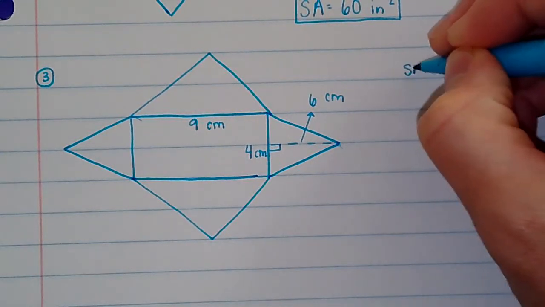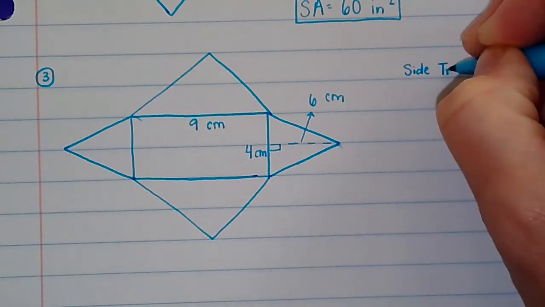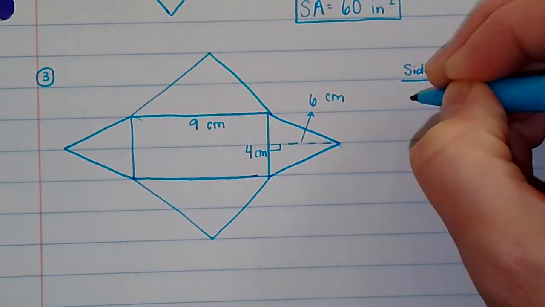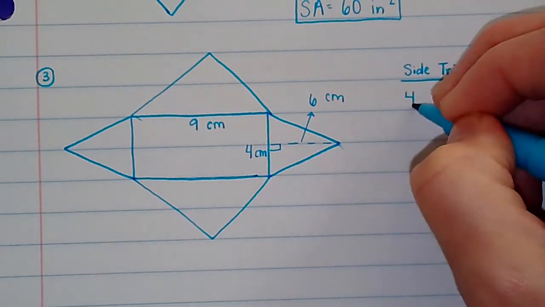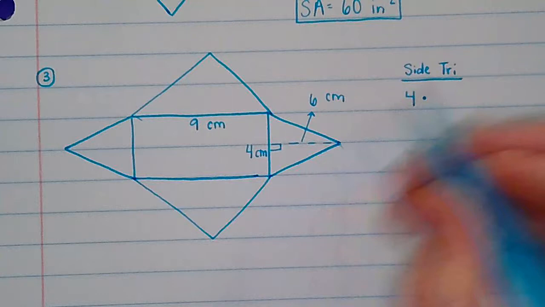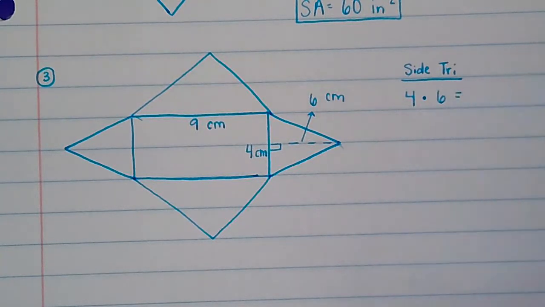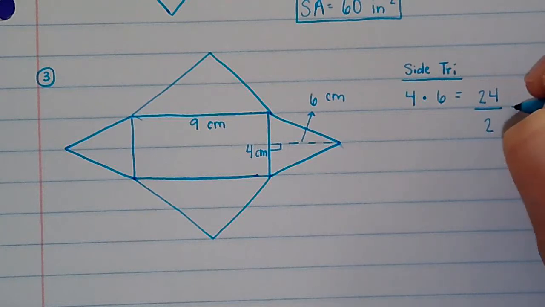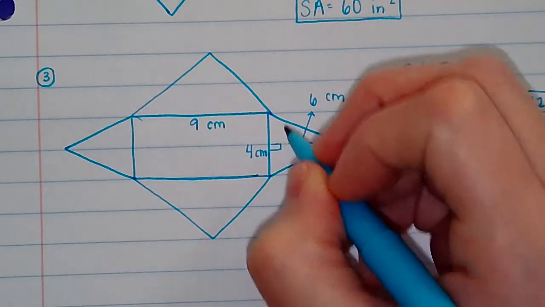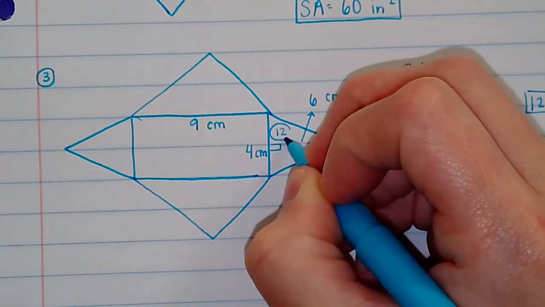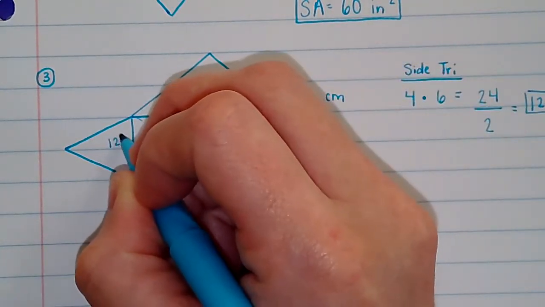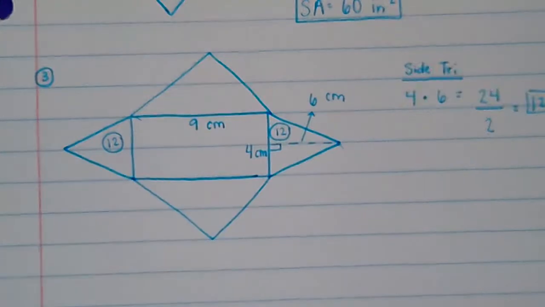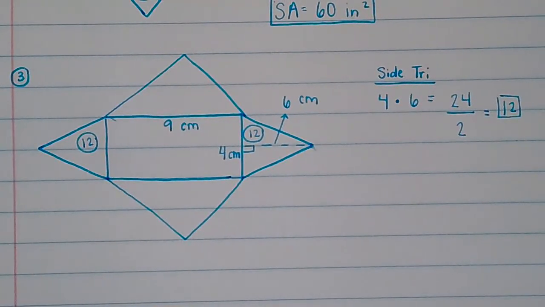We'll start with our side triangles. So if my base is 4, the height of my triangle is 6. That gives me 24. It's a triangle, so I divide by 2, and I get 12, which means this one's 12. Oh, I'm sorry, you can't see that very well.